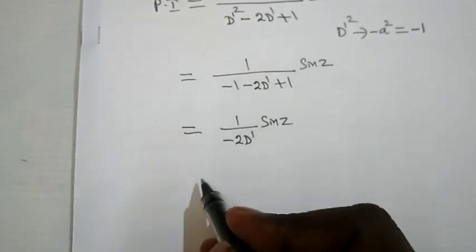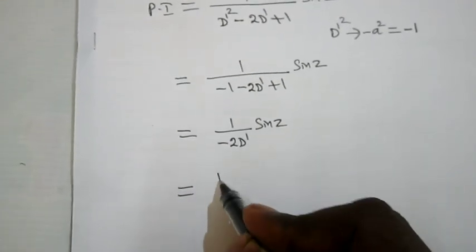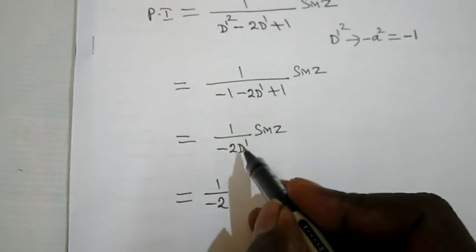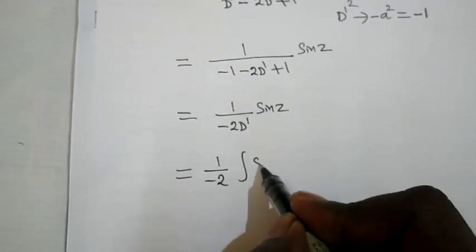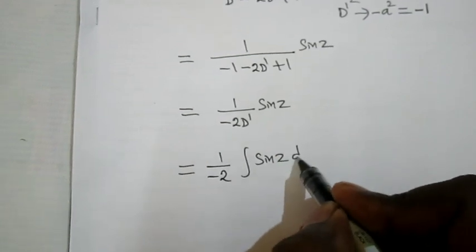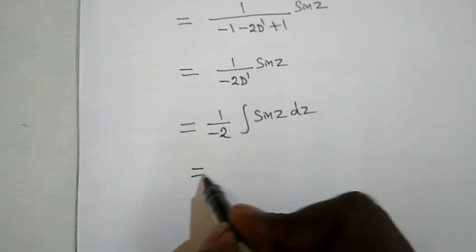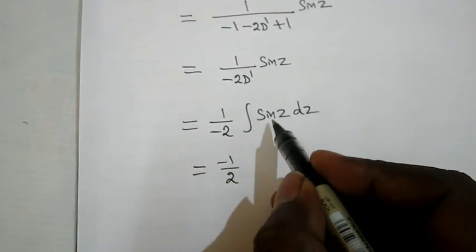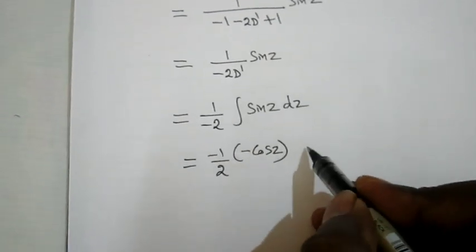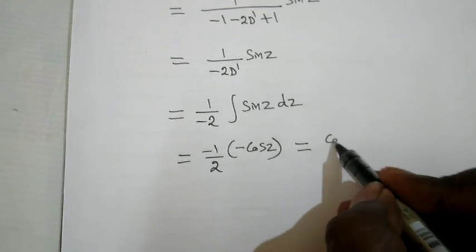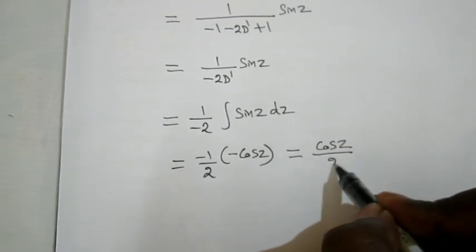It is very simple. You take 1/(−2) outside, remaining 1/D'. 1/D' means integral. So the integral of sin z dz. So it is −1/2 times the integration of sin z, which is −cos z. So finally the particular integral is cos z / 2.